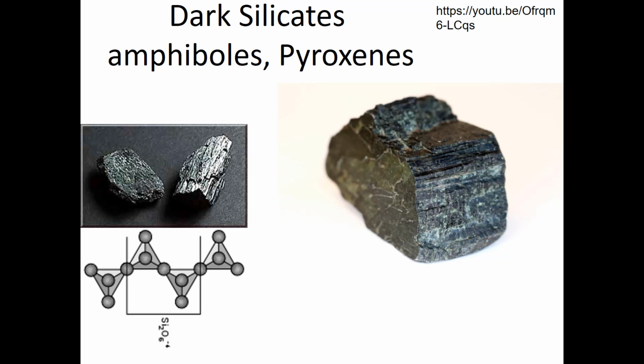Thus, these chain silicates, when the tetrahedra are arranged in long chains, either double chains or single chains, the cations play a more crucial role in holding things together at high temperatures. So the two major classes we have here are amphiboles, or hornblende, which are double chain silicates, and pyroxene, which is a single chain silicate.